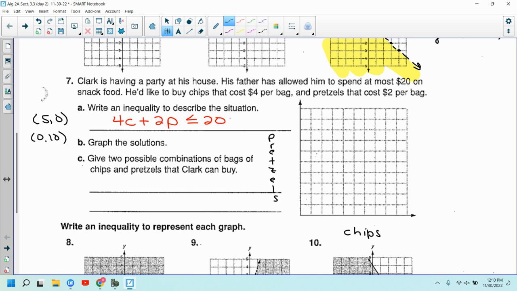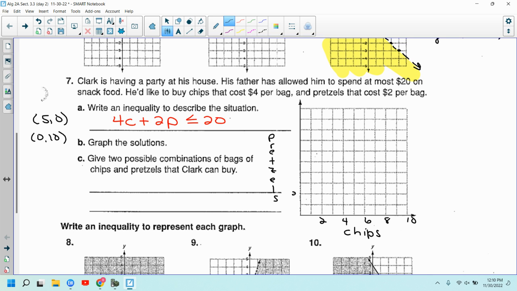So now you watch here. Can we fit our scale? There is no scale written. Can we make it 1? Will that work? If I just label everything 1, 2, 3, 4, will that give me enough to hit those two points, on the bottom and on the side? So I'm going to do that. I'm not going to label every one. I'm going to label every other one. So I'm going to go 2, 4, 6, 8, 10.